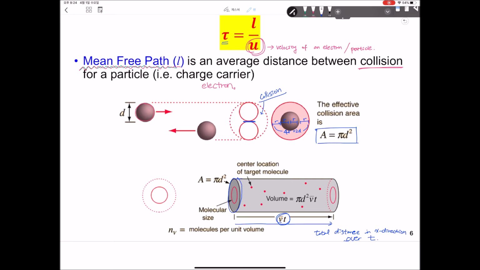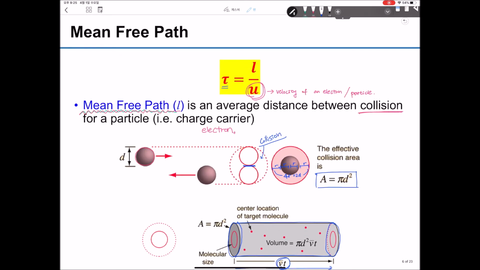Then the total is the volume that the single atom can occupy while it travels. So this thing can travel in the v direction, and it will sweep out this much volume while it moves. It goes through this amount of volume when a particle moves in a given time t.